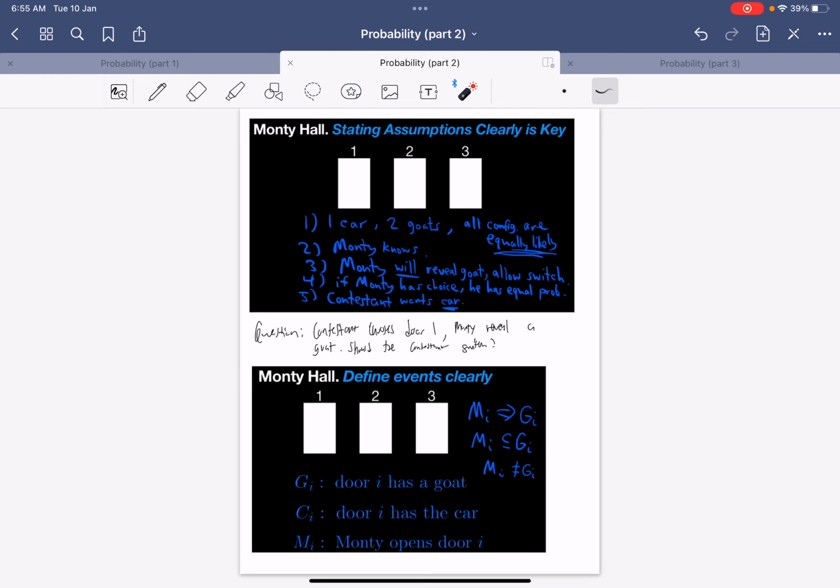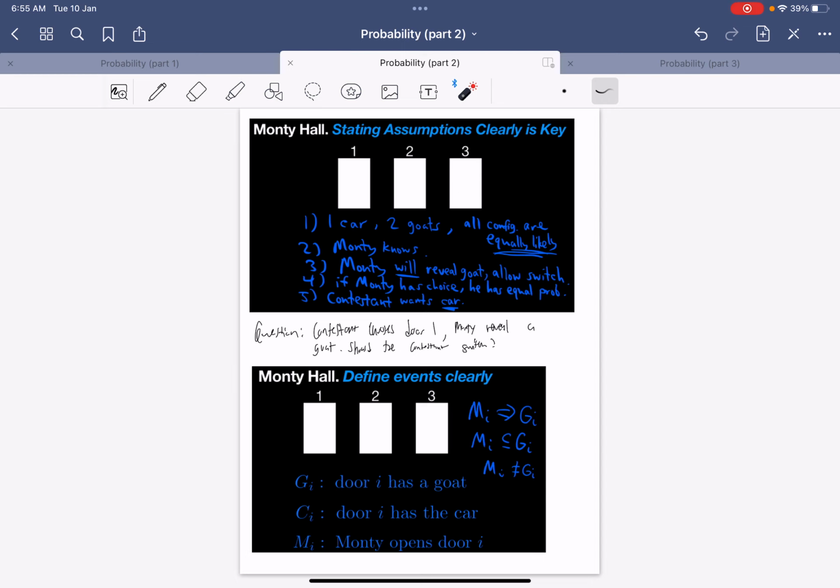So once you choose, say, door 1, Monty will reveal a goat behind one of the other doors. So he could reveal, let's say, door 2 has a goat and door 3 has the car. Then he'll reveal door 2 and ask you whether you want to switch. And if you switch and get the car, then you get the car in the end.